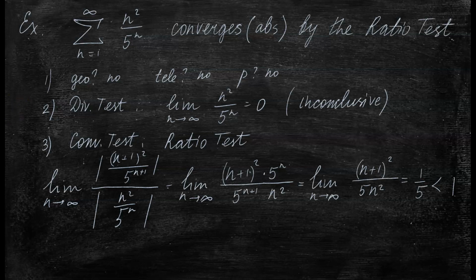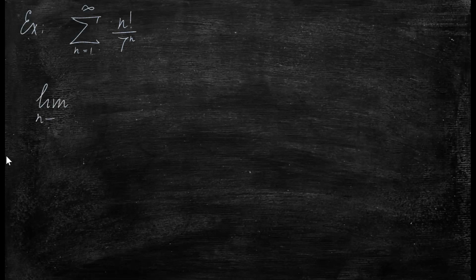Alright, so let's try another example. This time I'll just set up the ratio test to save time. We set up the ratio test as a limit as n goes to infinity.